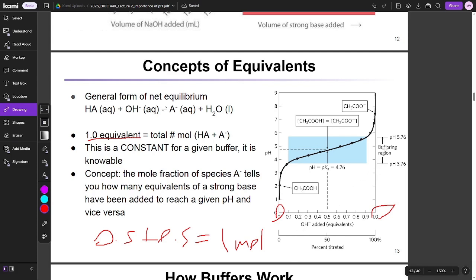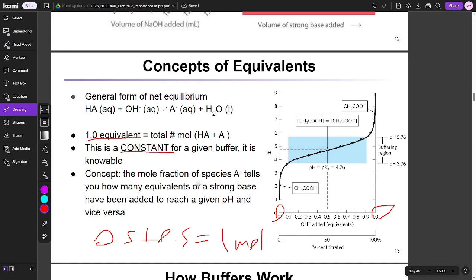Hopefully that makes sense. It's just this idea that it's basically relative, because we want to know how many moles of our actual buffer are present in the solution, which is why we can't really use a universal or specific measurement. Like I said here, it's a constant for a given buffer.